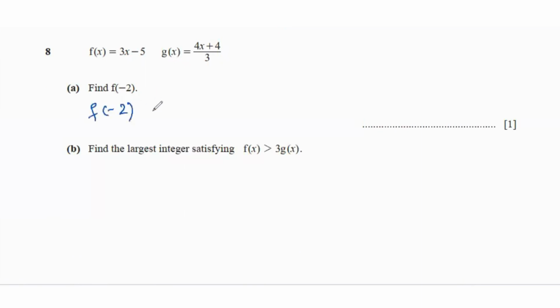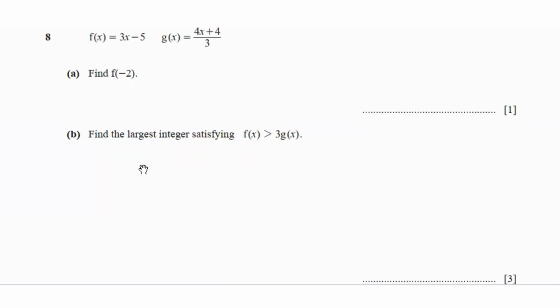So f of -2 is 3 times -2 minus 5, which is -6 minus 5. That gives us -11. Then it says, find the largest integer satisfying f of x greater than 3 g of x.